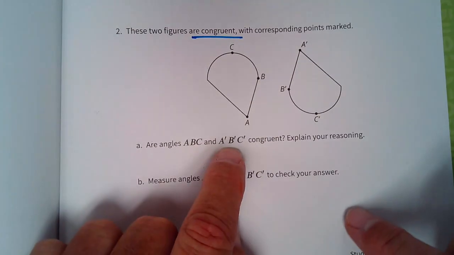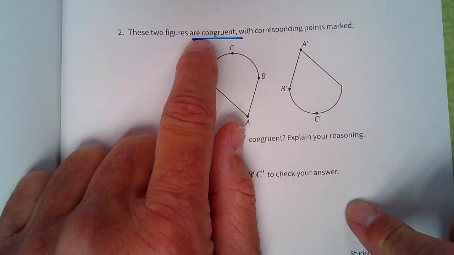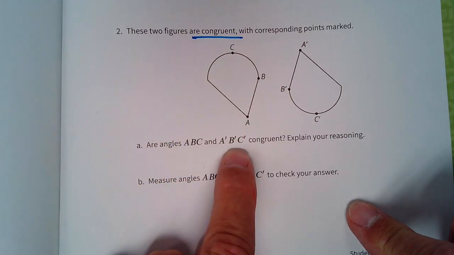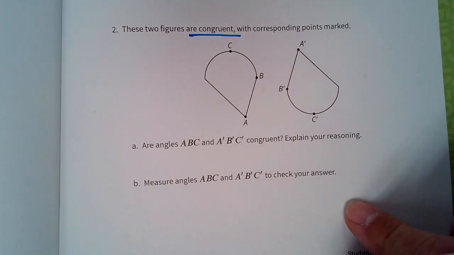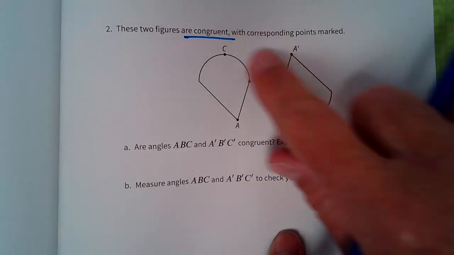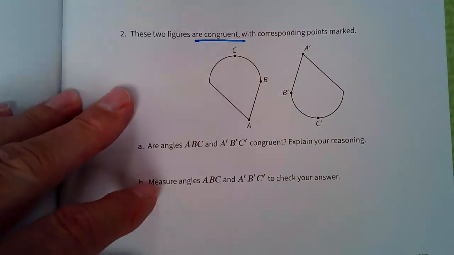Well, they tell us the figures are congruent. And then they ask if these angles are congruent. Yeah, I mean, some of the questions they ask in this. So it's kind of lame. Yes, they are congruent because you told me so, and draw an arrow and point to that. I mean, it's kind of silly.